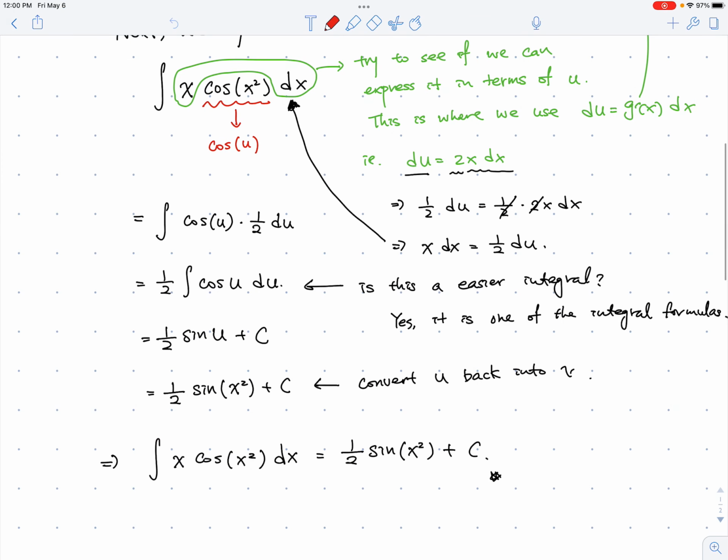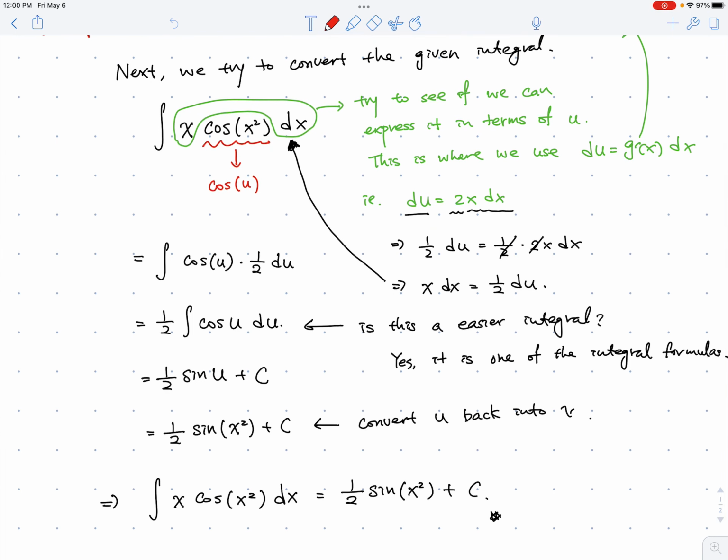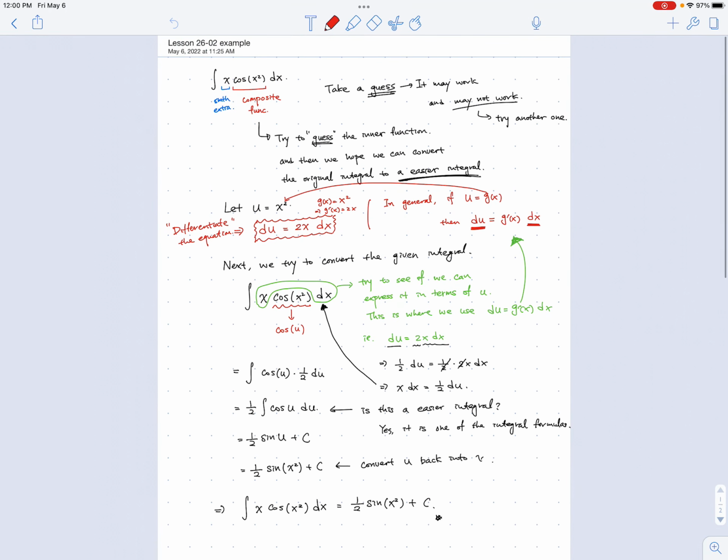But this example tells you that when you are given an indefinite integral that looks very complicated and involves a composite function, meaning it's not from one of the integral formulas, you try to decompose this composite function into an outer function and an inner function.